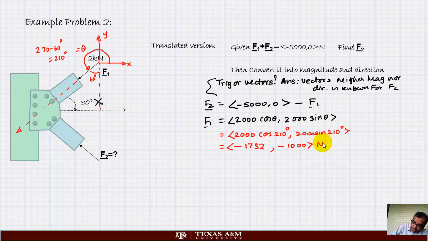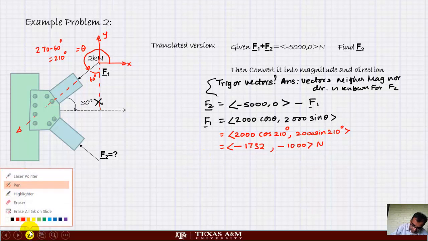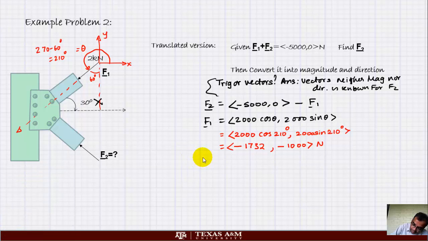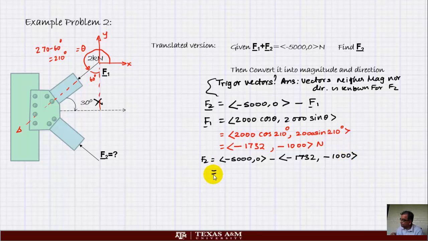Right? So now I can do F2 equals minus 5000 comma 0 minus minus 1732 comma minus 1000, which turns out to be minus 3268 comma 1000. So we now know the x and y components of F2. Now we can convert it back.